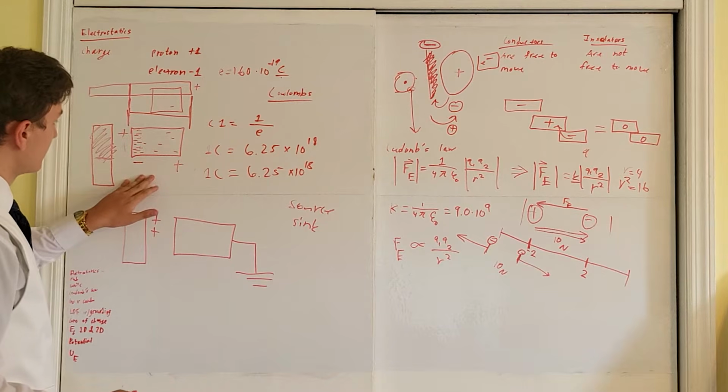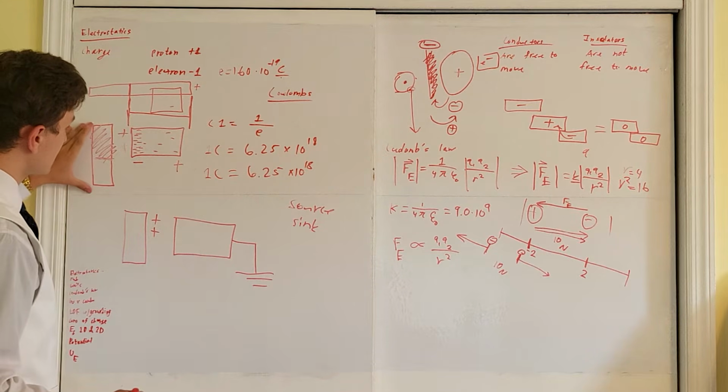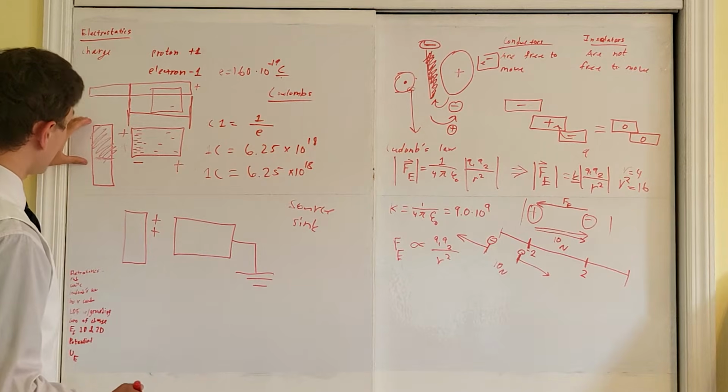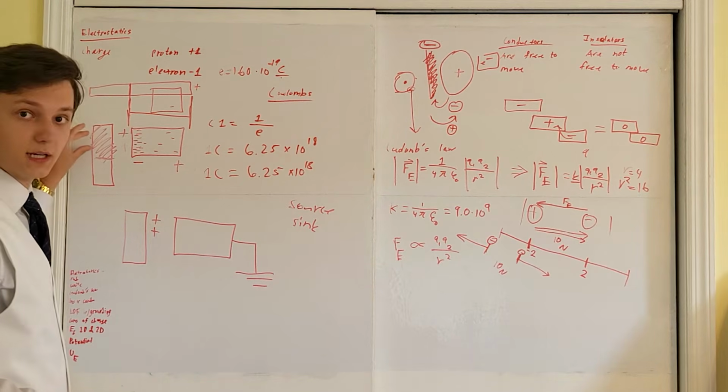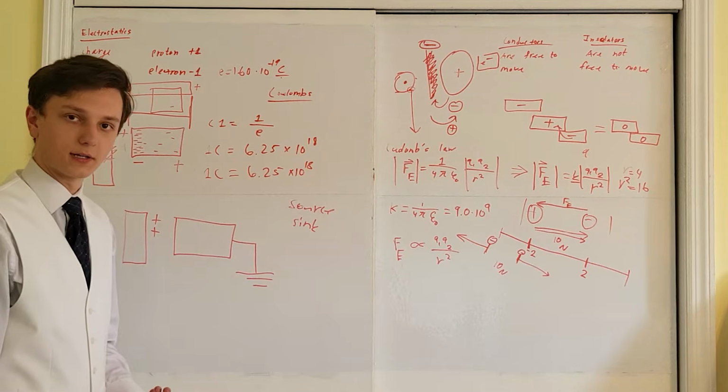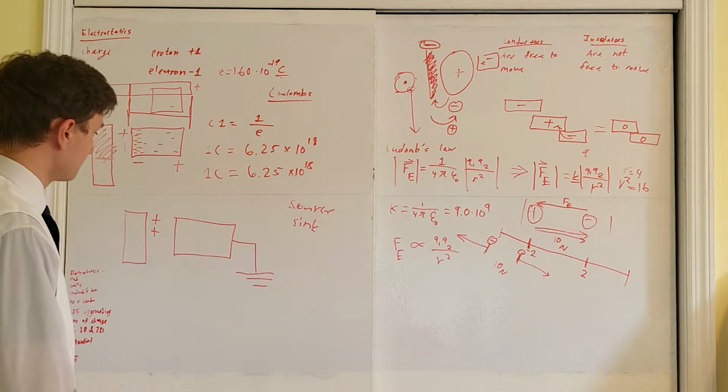Let's go back here for a minute. I took a positively charged rod and I touched it to a conductor. What was my result? The positive charge on my rod diminished, but my rod is still positively charged, and my conductor gained a positive charge. Okay?